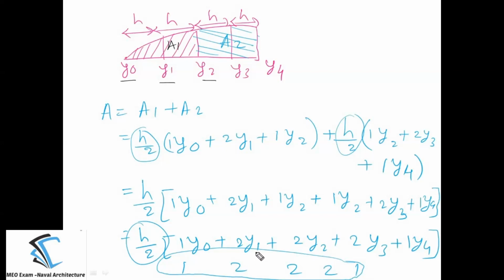If you have more than 3 ordinates, the trapezoidal multiplier will look like this. I will give you one more idea of how to remember this. You have this area here, y0, y1, y2, y3, y4 and y5.